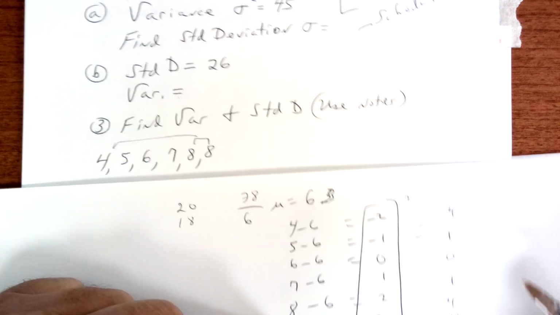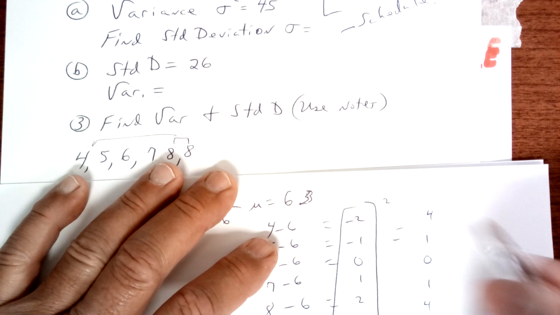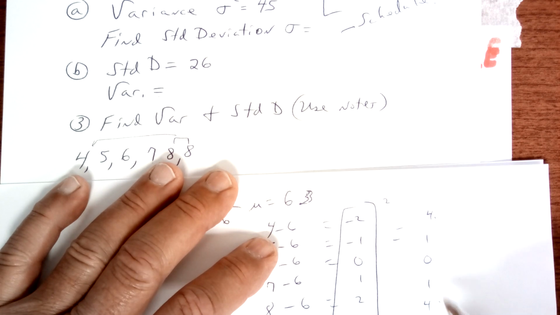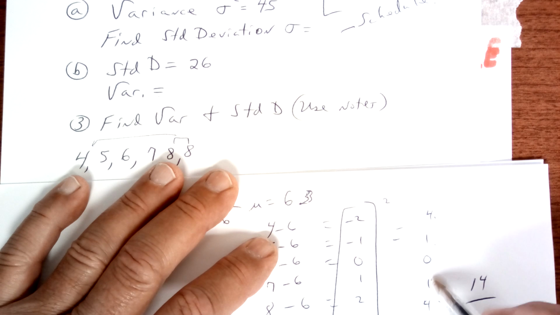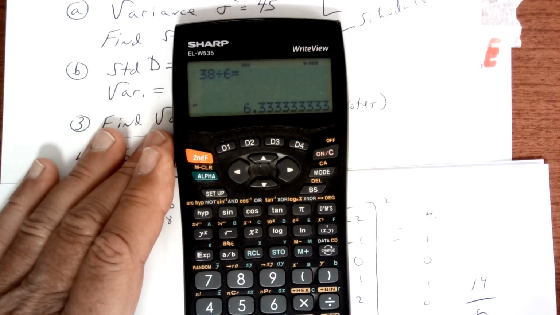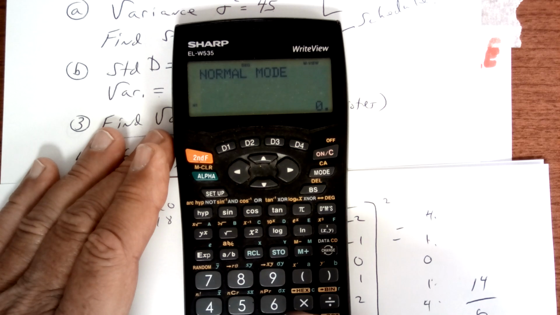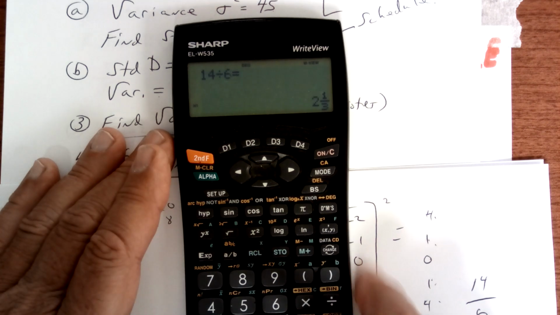After you square them all, then you take the total, divide it, and I believe that's going to give you the variance. So you're going to take the total, 4, 8, 12, 13, 14. So you take the total, divide it by 6, and that's going to give you your variance. So it's going to be 14 divided by 6. When you do that, I get 2.3.